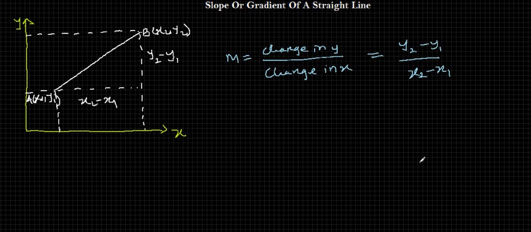So this is just about a gradient of a line. So henceforth we are going to be solving examples on this gradient of a straight line using this formula.